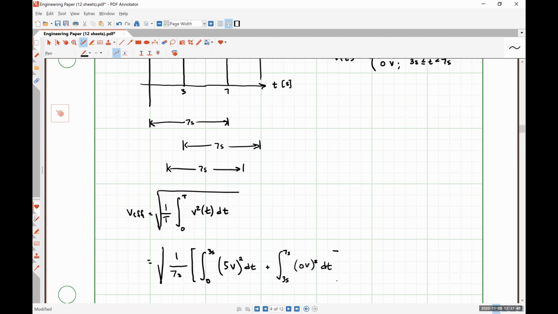Now, the astute among you should recognize that that second integral does absolutely nothing, right? The integral of 0 squared over any time duration should be 0. I'm just explicitly showing in this example that I am indeed integrating over exactly one period, even if part of that doesn't count for anything, and it's because the value of the waveform is 0.